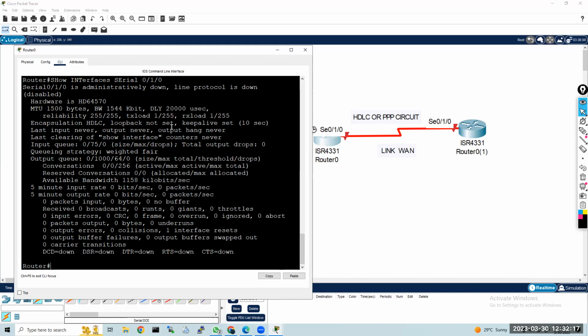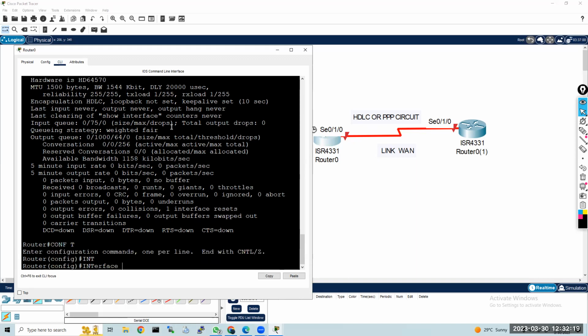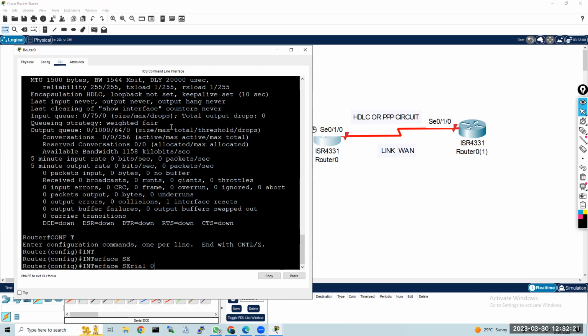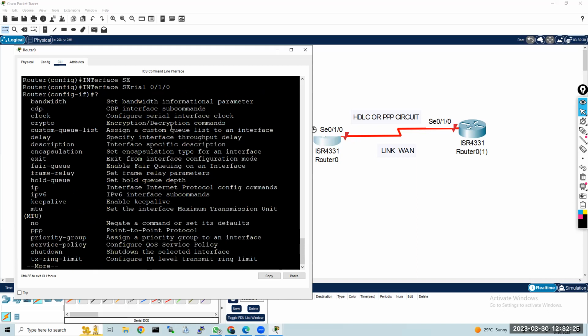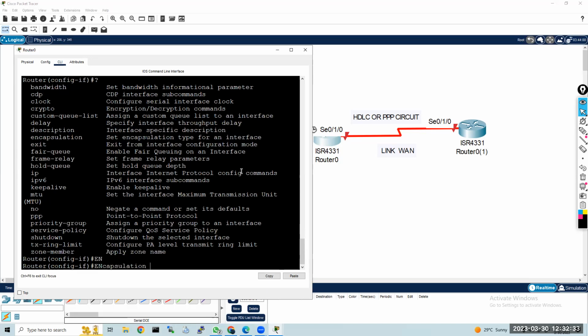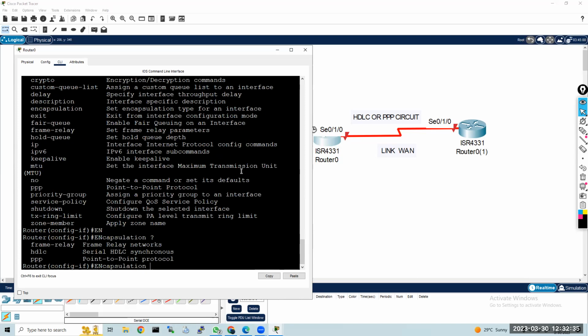Okay, how to do that? So go to interface serial 0/1/0. If we give the question mark, we can see the encapsulation command. Can you see? So give the question mark.